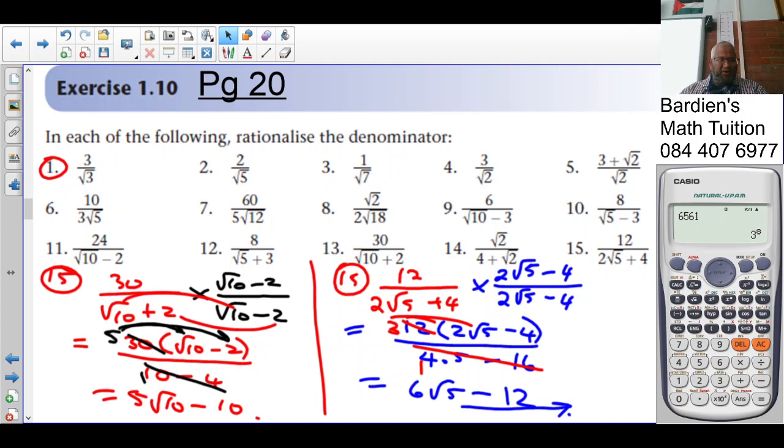Now we're looking at equations involving surds, and this is on page 20.